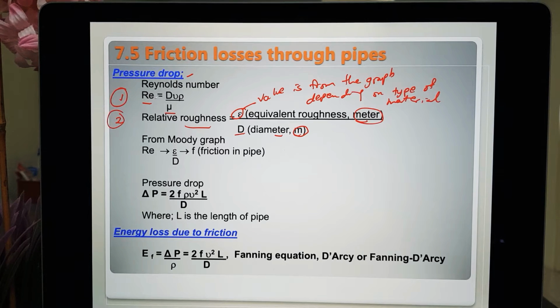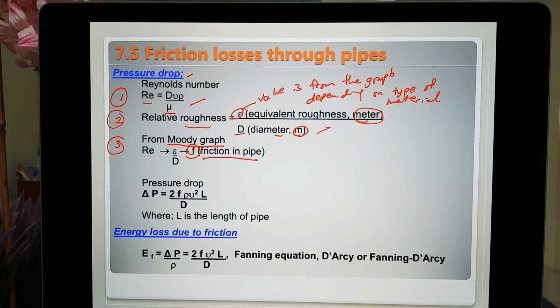When we get the value for Reynolds number and the value for relative roughness, you need to use the Moody diagram, the Moody graph, in order to get the value of the friction in pipe, the F. This will be the third step.